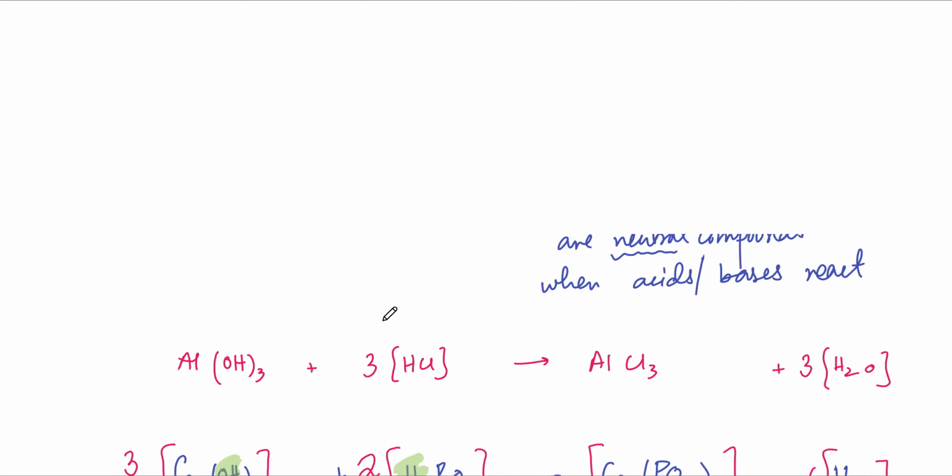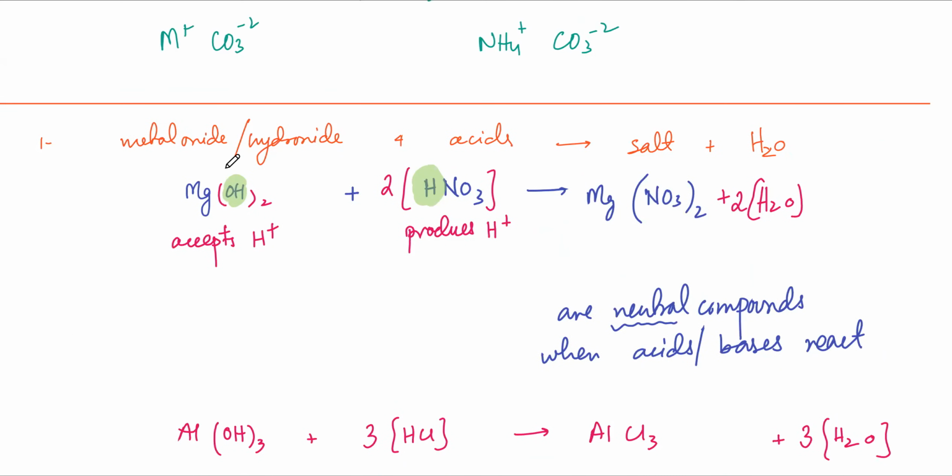It's written metal oxide or hydroxide. So what happens is a metal hydroxide reacts with an acid, the acid releases the H plus 1, the base releases the OH ion, and the H plus 1 gets accepted by the OH ion to form water.